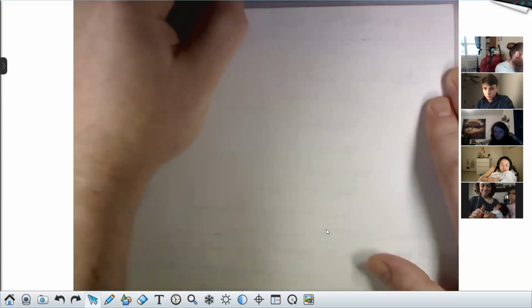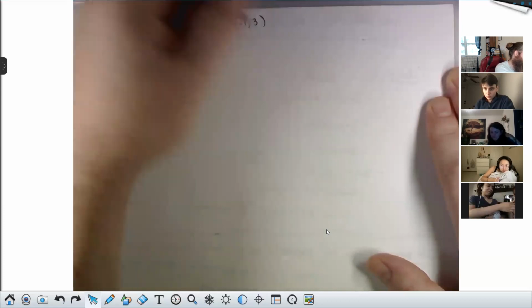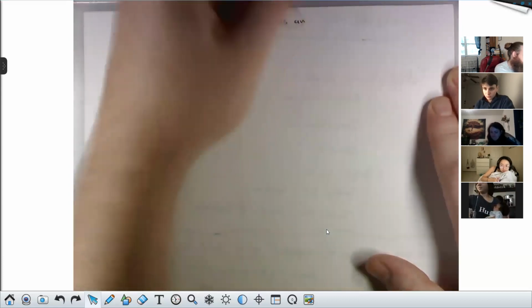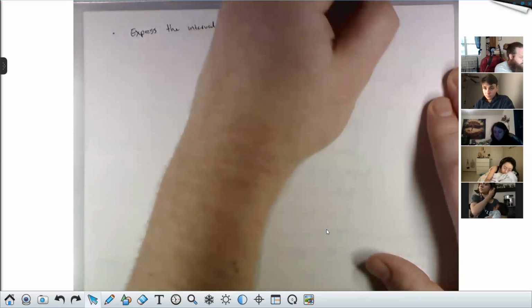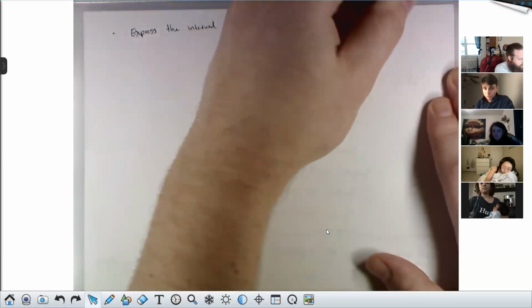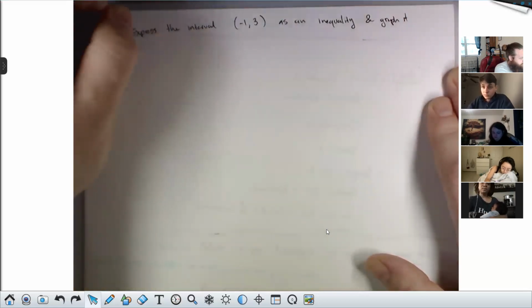All right. Let's express the interval (-1, 3) as an inequality and graph it on the number line.